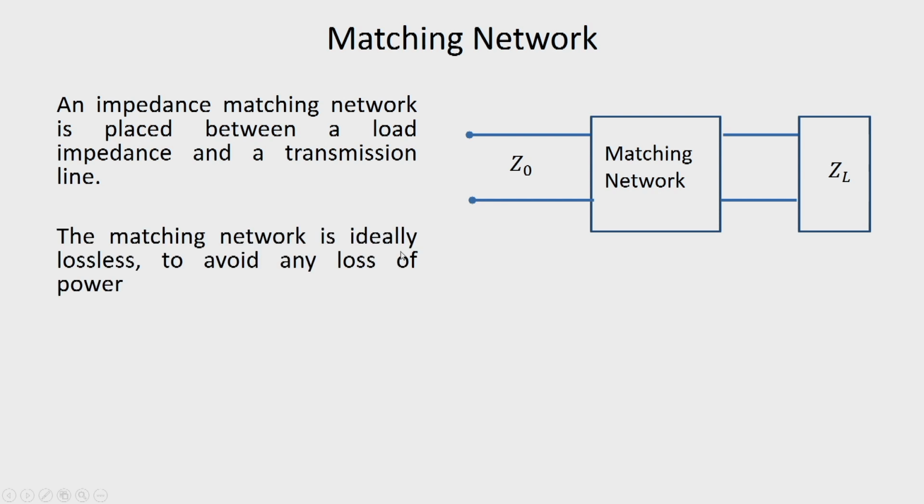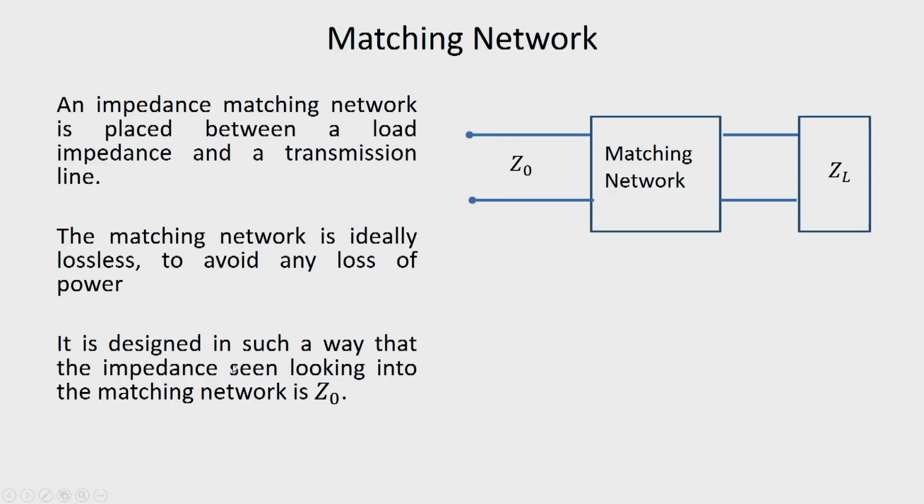Now, this matching network ideally should be lossless, so that the matching network itself does not dissipate power. In order to avoid any loss of power within the matching network, ideally it should be lossless.